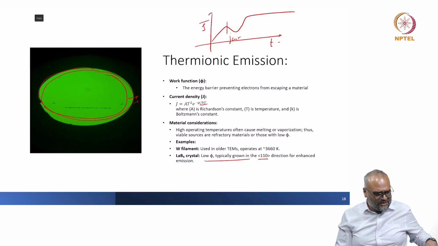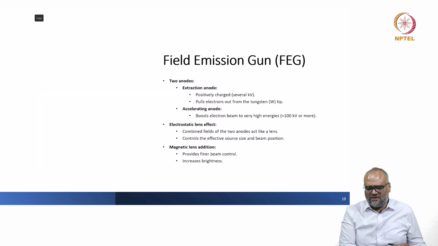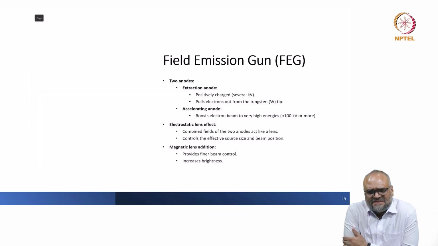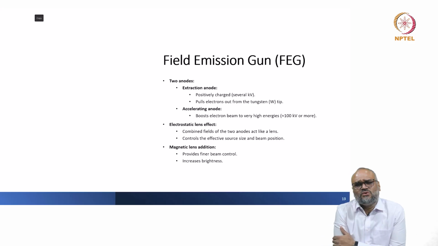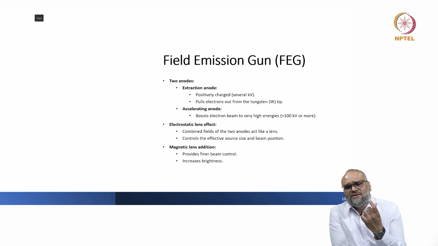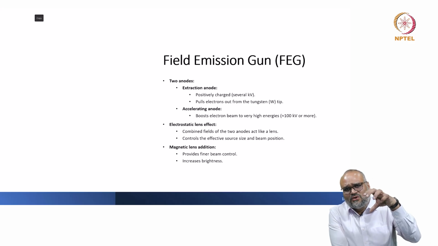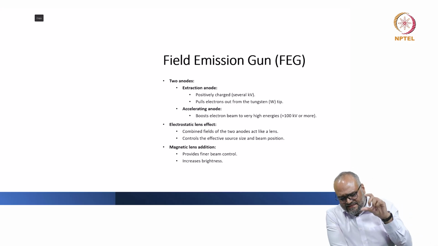Having seen this, we will look at the next kind of emitter, which is called a field emission gun. If I look at a field emission gun, like I was mentioning a while ago, you have the Wehnelt grid, you have the cathode, and then you actually have a very fine tungsten wire tip, which is coated typically with a kind of zirconium oxide, and then the fine needle is positioned within the filament holder area, and you have two anodes here.